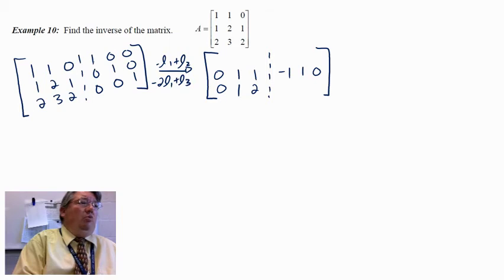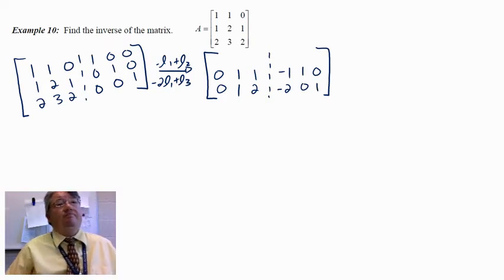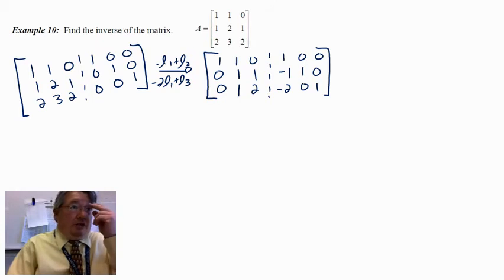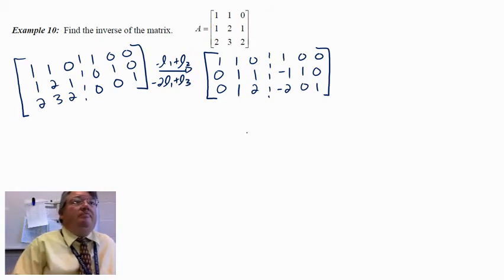Negative 2 times 1 is negative 2, plus 0 is negative 2. Negative 2 times 0 plus 0 is 0. Negative 2 times 0 is 0, plus 1 is 1. I still have my top one, 1, 1, 0, 1, 0, 0. I'm getting closer.